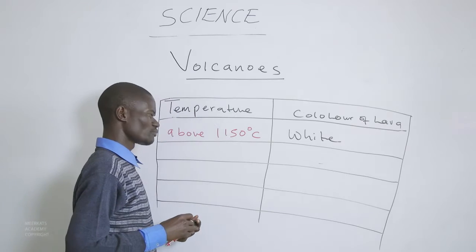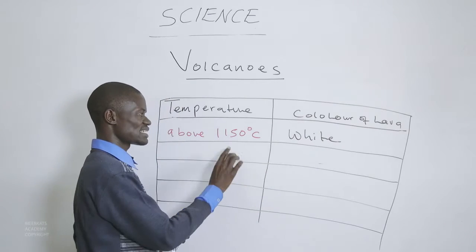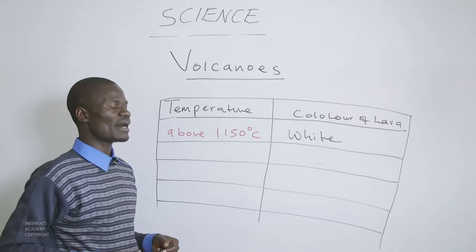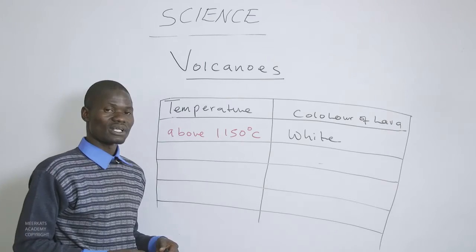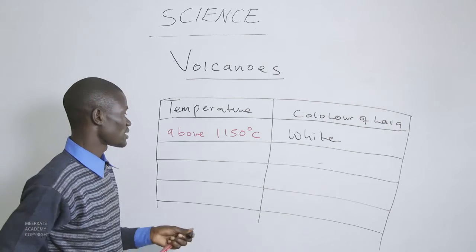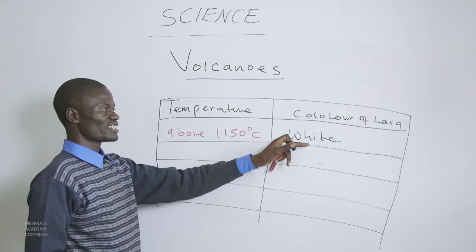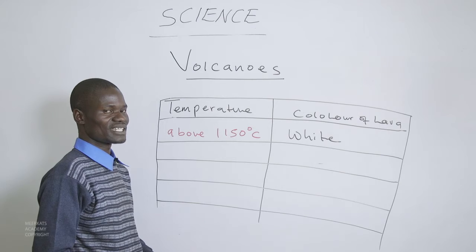Therefore, the color of lava will be white in the temperature that is above 1,150 degrees centigrade. And as a result of that, you will find that at this range, this is what kind of lava that is given out.